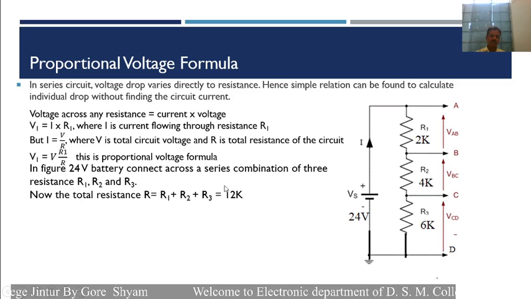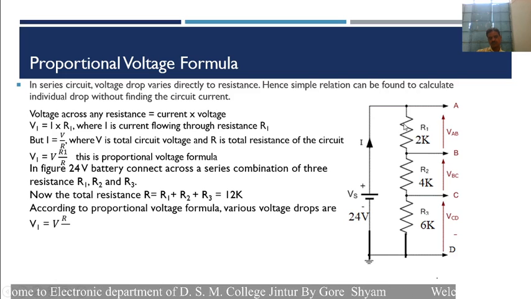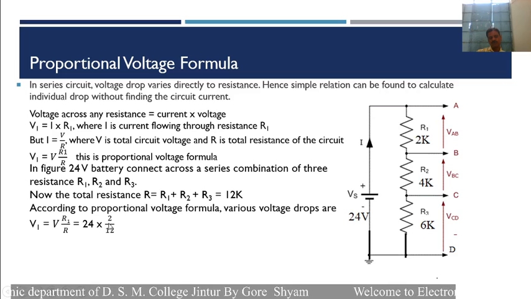Now this is the total resistance of this circuit, and according to the proportional voltage formula, we can find the voltage drop across any resistance. Let us find the voltage across this resistance, V1. V1 is equal to V into R1 divided by R, that is 24 into 2 divided by 12, which is equal to 4 volt.